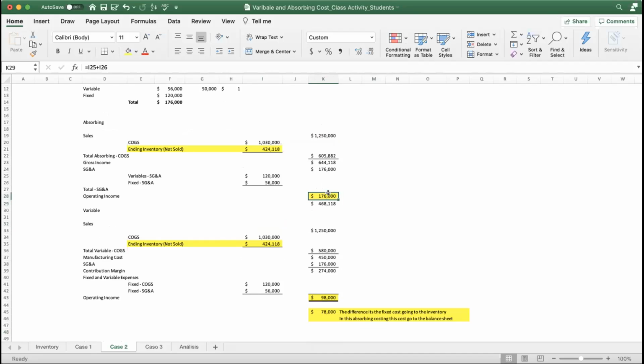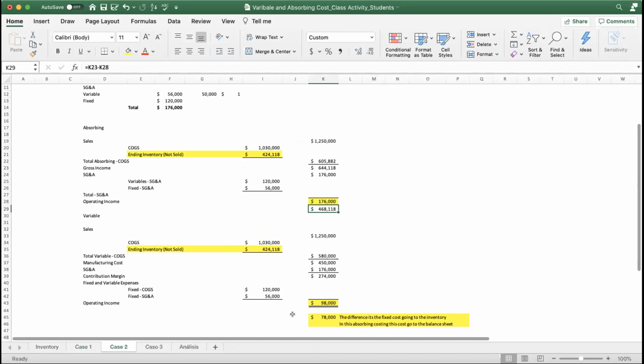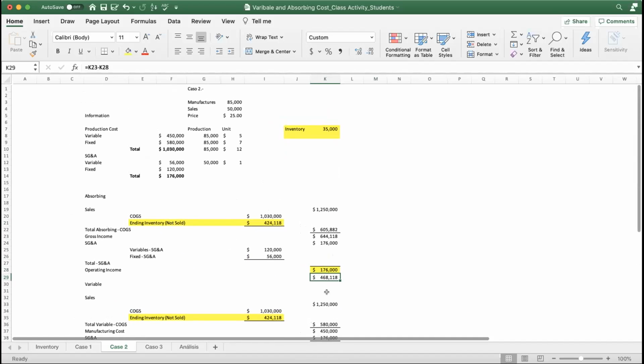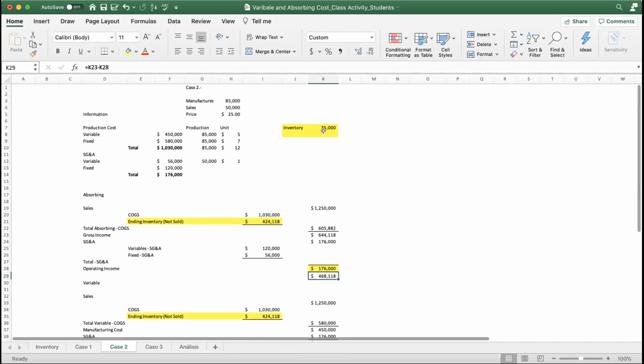So let's see the difference. Look at the last yellow thing. It says the difference. The difference is the fixed cost going to the inventory in absorbing cost. This cost goes to the budget. So let's see what the difference is. Go up to the inventory that you evaluated and multiply that 35,000.